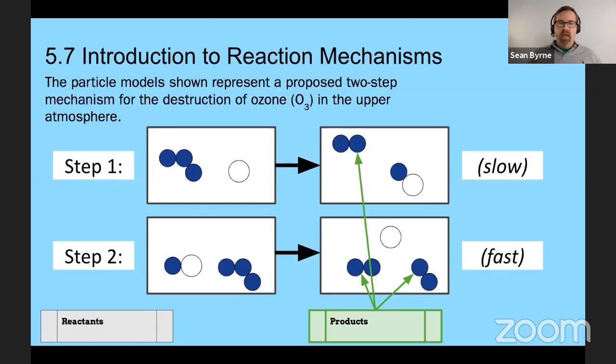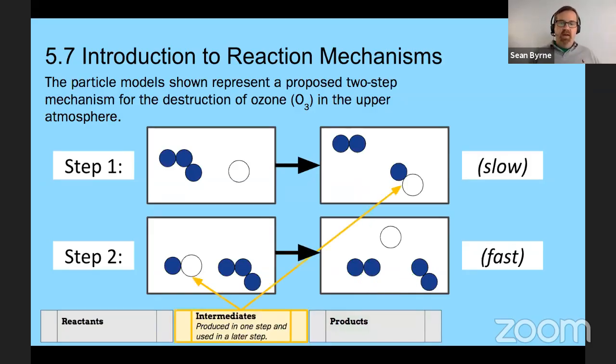Okay, and so if we were writing an equation for this, we may write 2 O3 turned into 3 O2 and be done with it. But that wouldn't tell you the whole idea behind the mechanism, behind what's actually happening with the particles in the atmosphere. And it turns out that there are 2 other important pieces happening in this reaction that these mechanisms help us to identify.